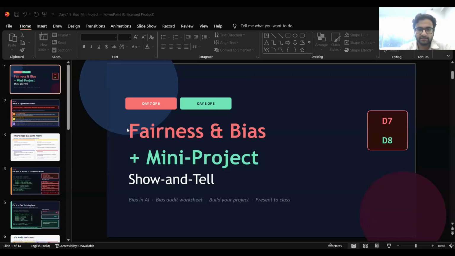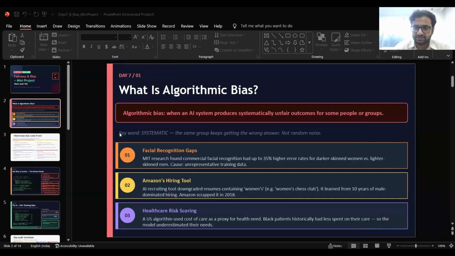So, what exactly is algorithmic bias? Algorithmic bias occurs when an AI system produces systematically unfair outcomes for some particular people or group, usually because of problems in the data or design, or the context the system is built on. This is not some random noise.